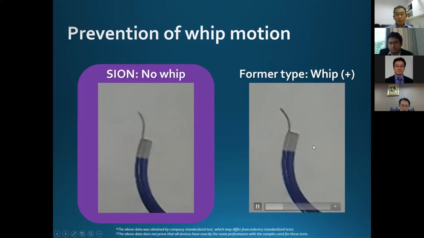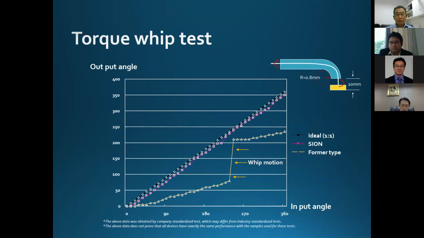And I show this graph. This one is an in vitro test to estimate the torque and the wave test. The vertical line is the output angle and the horizontal line is the input angle. And as you know, an ideal line is 45 degrees, one-to-one torque, like this black line. And please look at this yellow line. The yellow line is a former type guide wire.